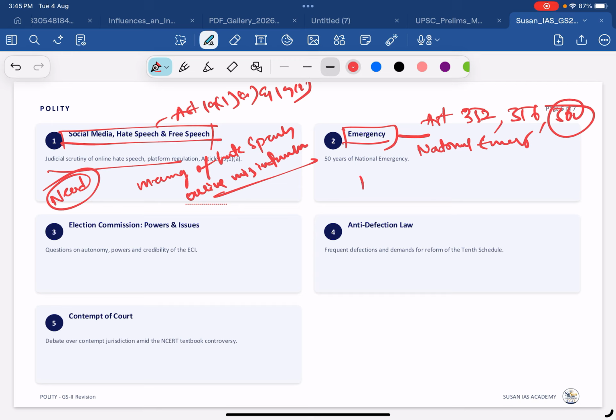Fundamental rights during emergency, Articles 358 and 359, 44th Amendment safeguards, judicial review, and lessons for constitutional democracy. One has to cover these dimensions in the emergency part, right?